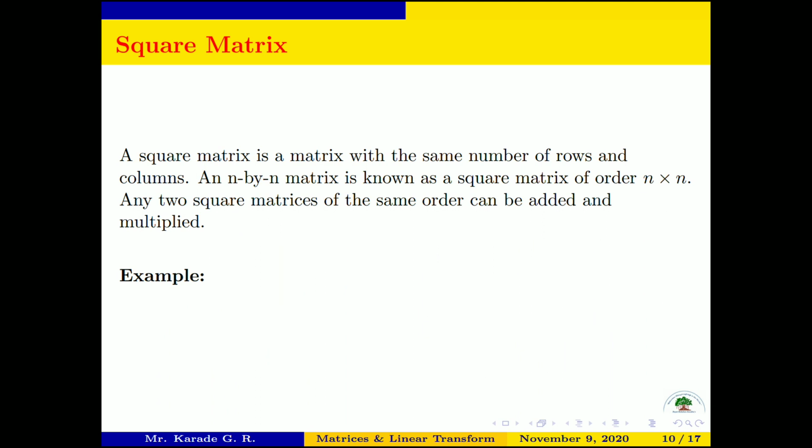For example, A is a matrix of order 4 by 4, 4 rows and 4 columns. So in a square matrix, the number of rows and number of columns are always the same.